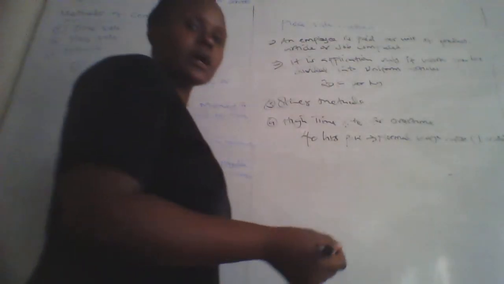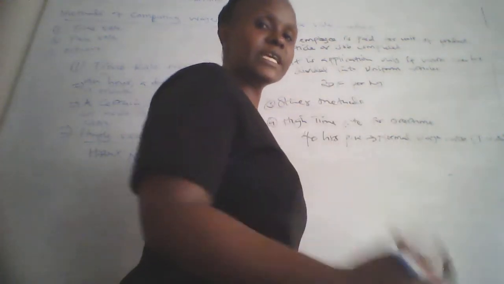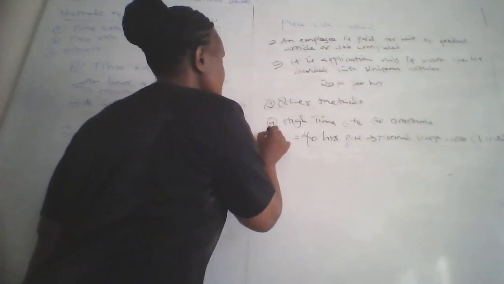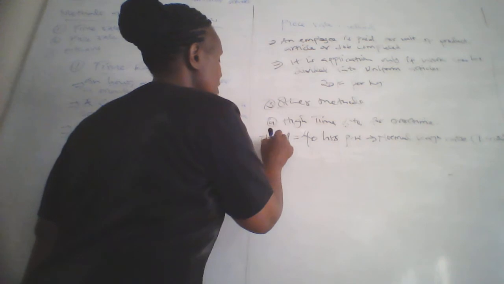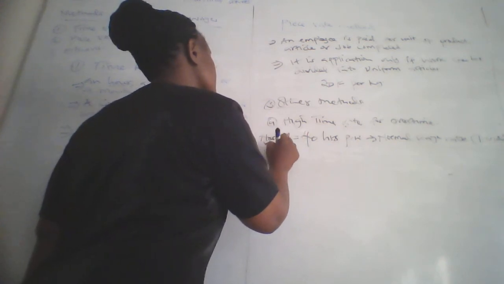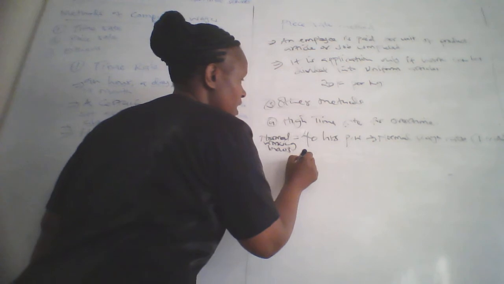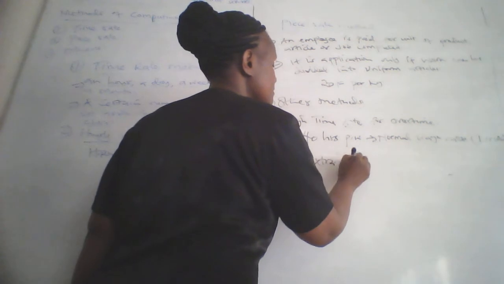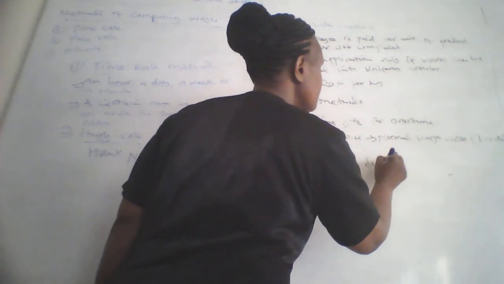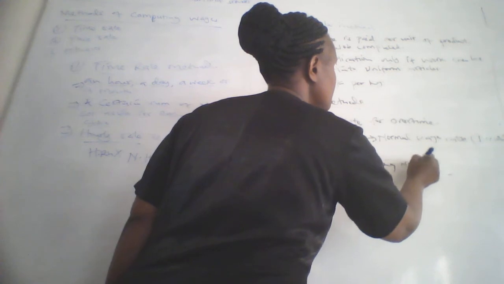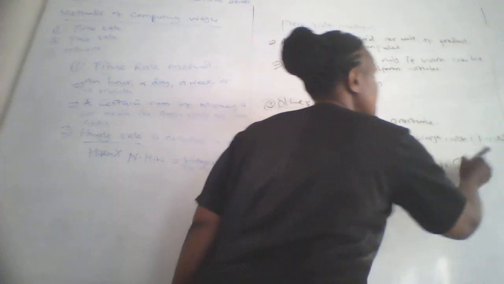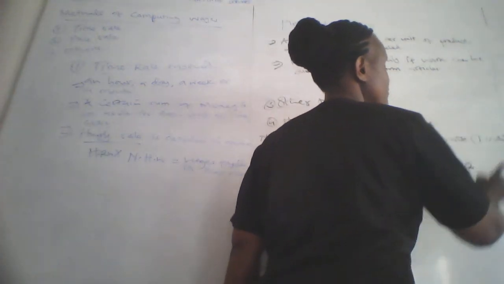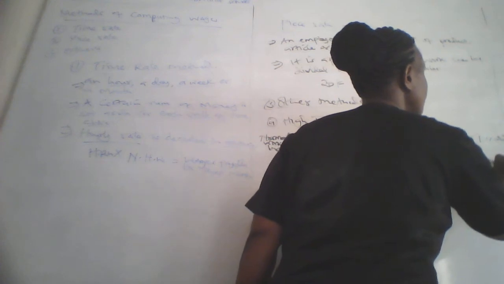Then for any extra hours worked during weekdays, beyond the normal working hours, an employee is supposed to be paid 1.5. 1.5 meaning 150%.